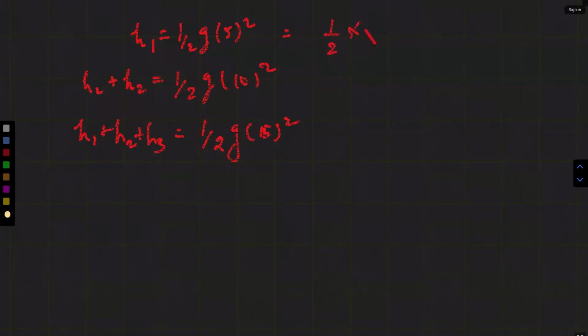So what's the value of g? 10. Half into 10 into 5 into 5. This is half into 10 into 10 into 10, right? This is half into 10 into 15 into 15.